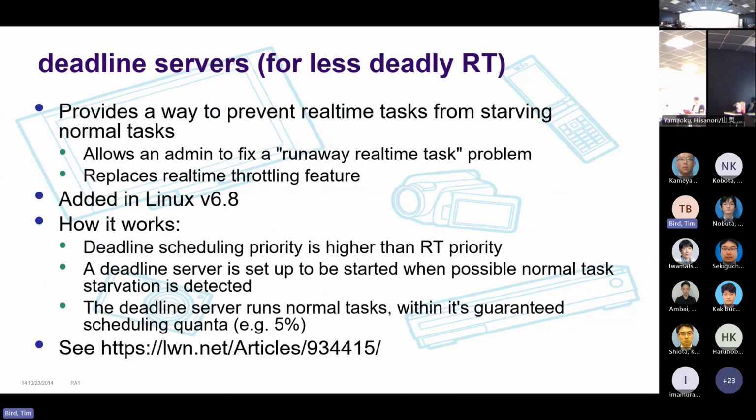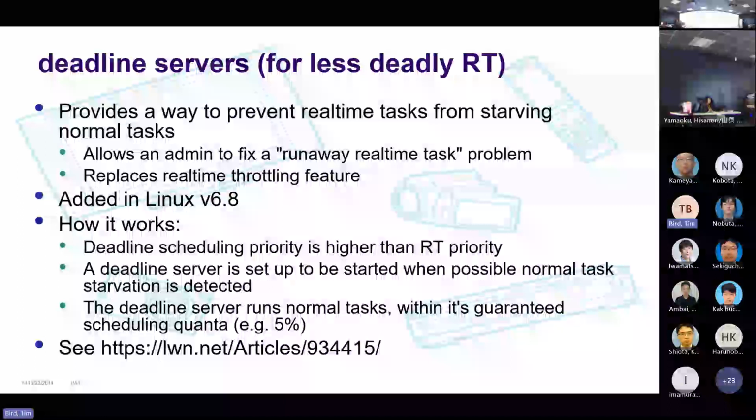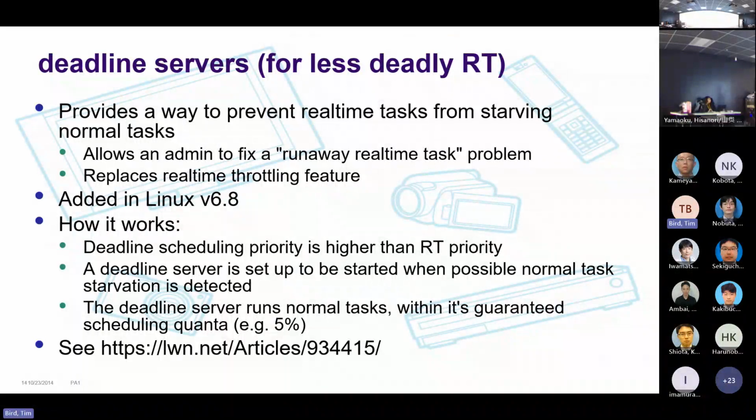I think right now I'm going to focus in on deadline servers. So if you're dealing with real time, there's a problem that you always have, which is that real-time tasks have higher priority than any normal tasks in terms of the scheduler. And so it was always a risk on a real-time system that real-time tasks could end up starving normal tasks.